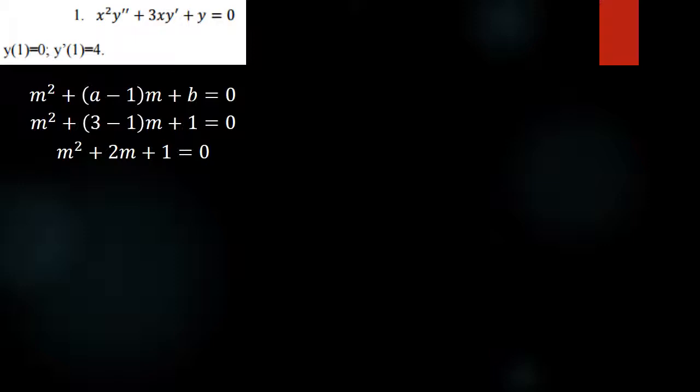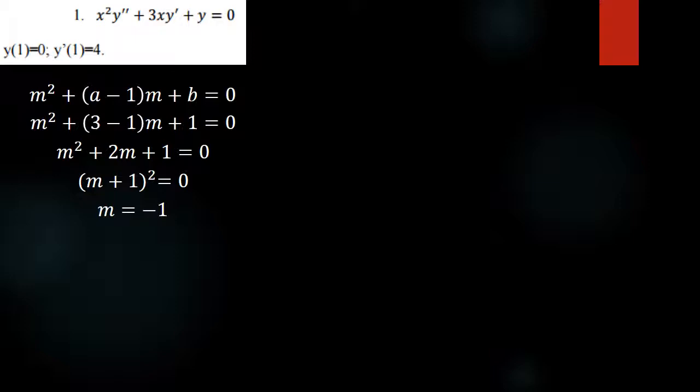And then we can observe that the equation is a perfect square trinomial. We can factorize the auxiliary equation and we can obtain that the value of m is equal to minus 1.